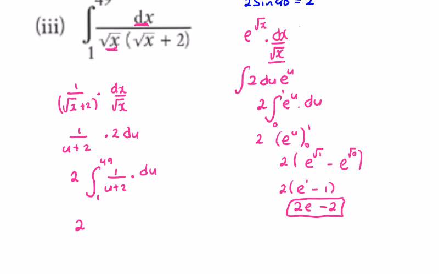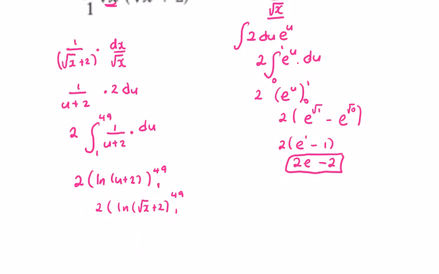the natural log of the bottom, u plus 2, between 49 and 1. So twice the log of u plus 2, which is the square root of x plus 2, between 49 and 1.